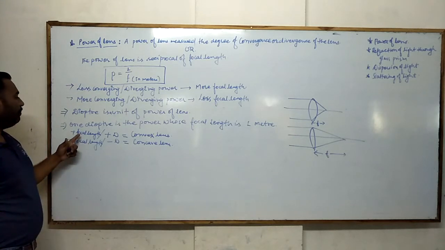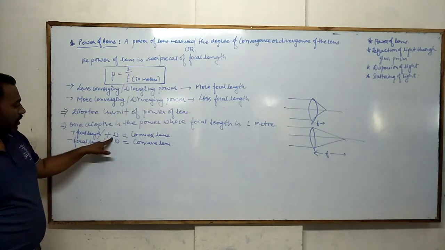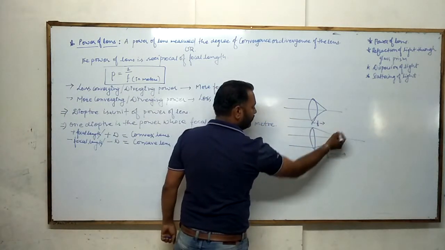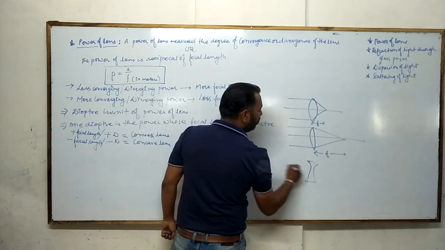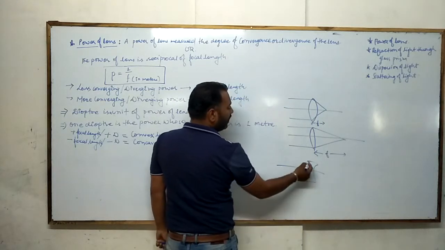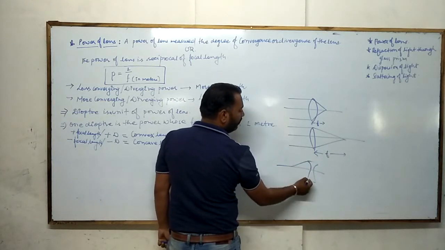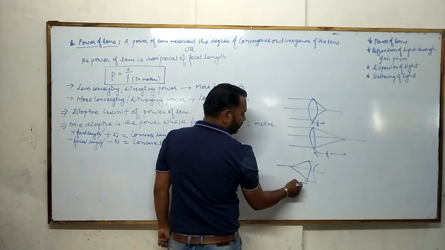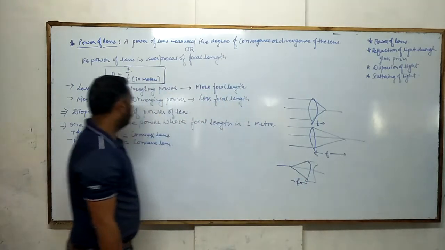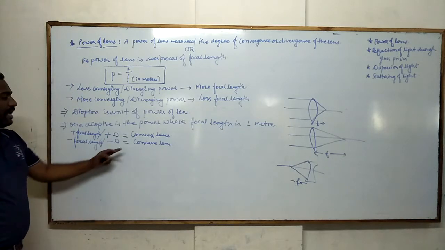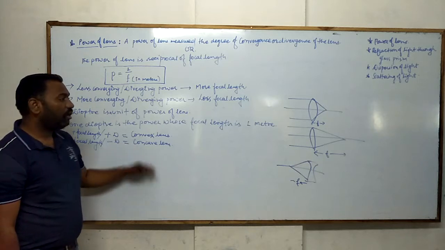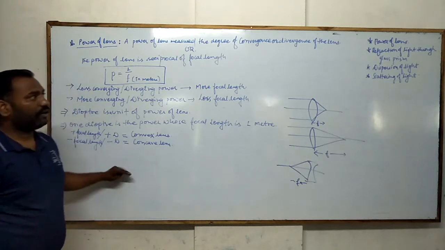And plus diopter is for the convex lens, and when we are talking about the concave lens, the focal length will be on this side, in front of this. So plus D means diopter is for convex lens, and negative focal length or minus D is for concave lens. First you have to write down these things.